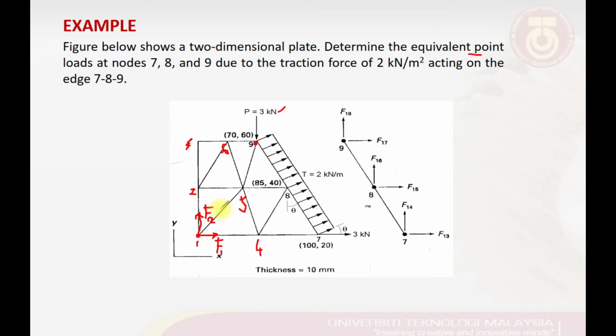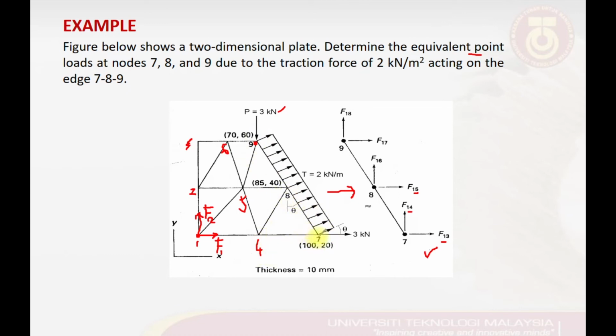To view this similar to the degrees of freedom that we discussed just now, we can draw the line 7, 8 and 9 as shown in the figure on the right here, and we label all the forces in the x and y direction as shown here with their indices as well. In terms of geometry, the coordinates at nodes number 7, 8, 9 are given in this slide.